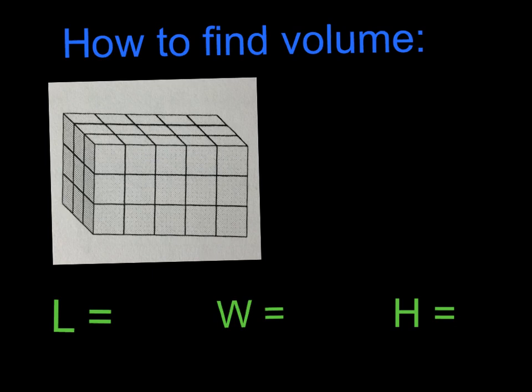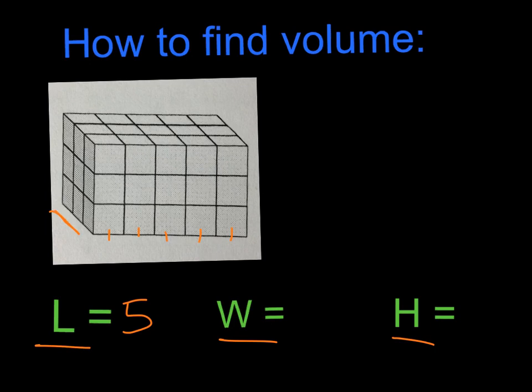All right, so let's go ahead and try to find the volume of this first shape. You can see down below I have the length, the width, and the height labeled for us to find. Looking at the length, these are just cubic units. I can see there's 1, 2, 3, 4, 5, so the length is 5 cubic units.